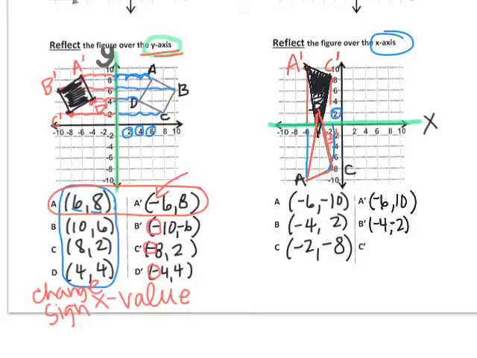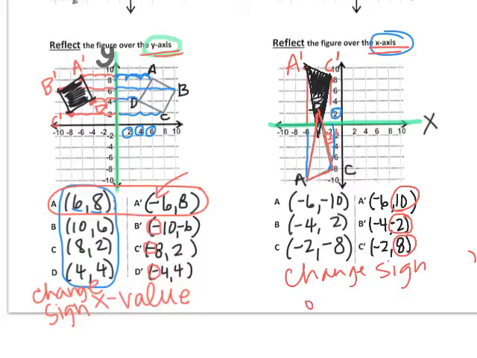And then C prime is actually at -2, +8. So again, because we were reflecting over the x-axis, the sign of the y value changed. So we're going to change the sign of the y value when we reflect over the x-axis.